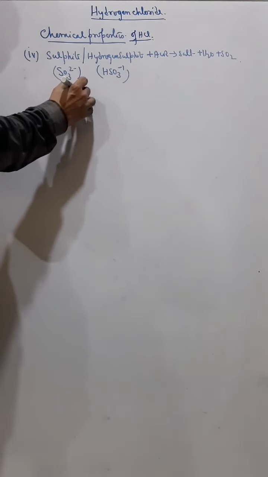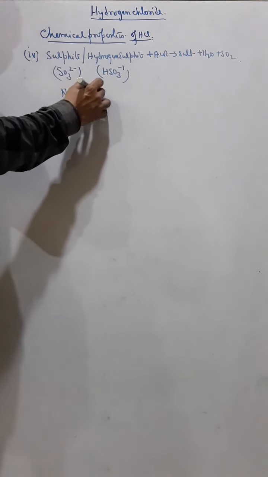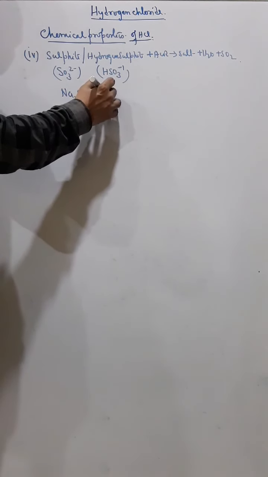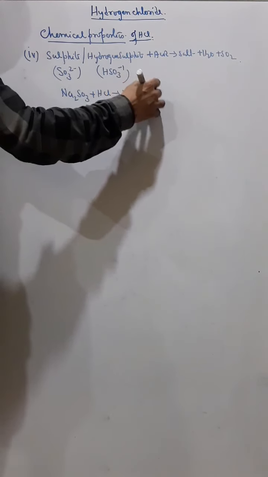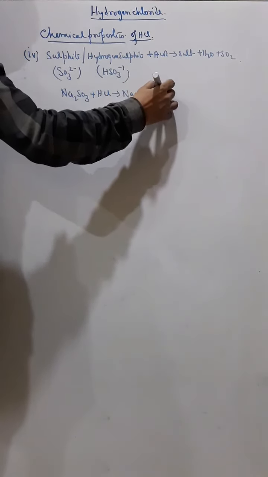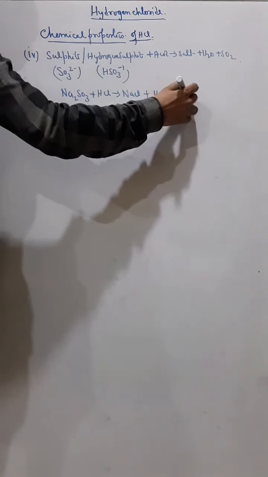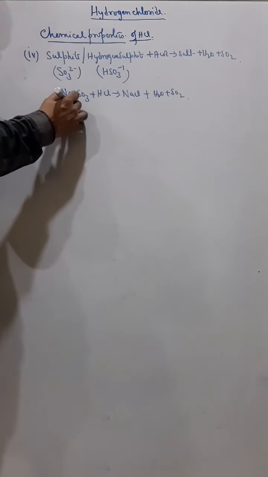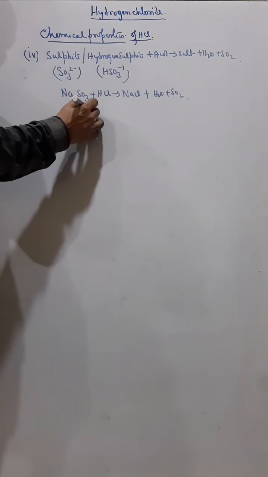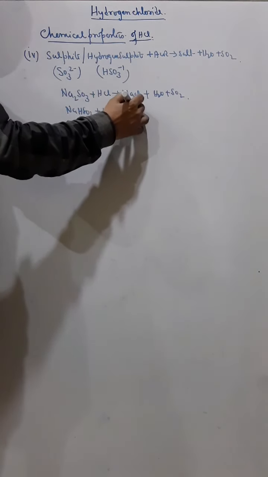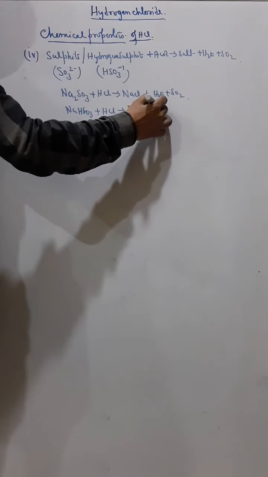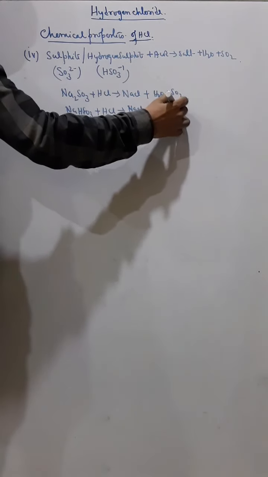Similarly, here also we will get Na2SO3 plus HCl will give you salt plus water plus SO2. NaHSO3 plus HCl will give you salt plus water plus SO2.